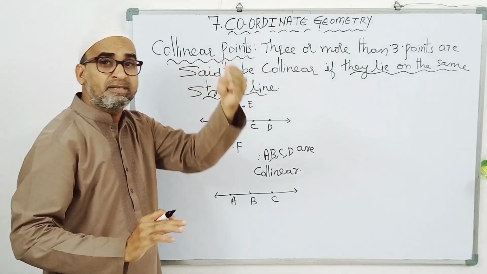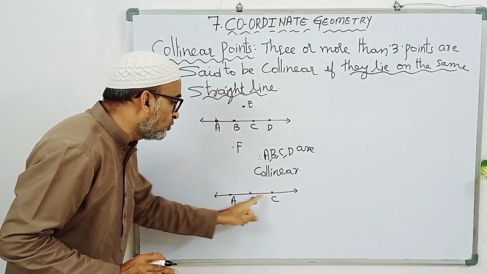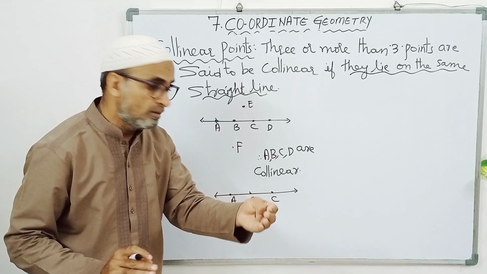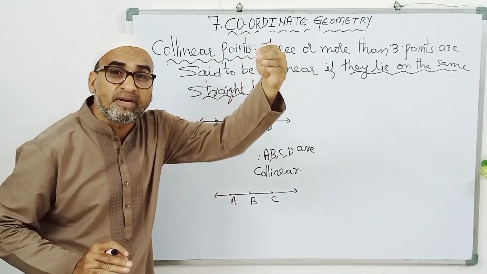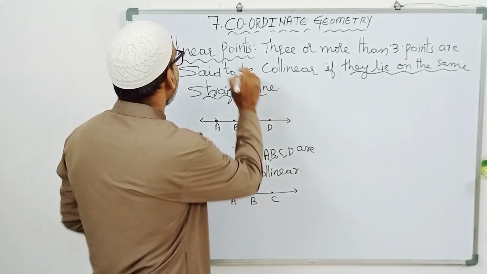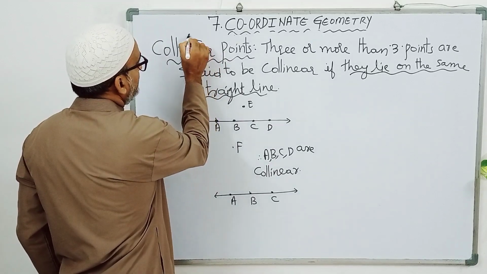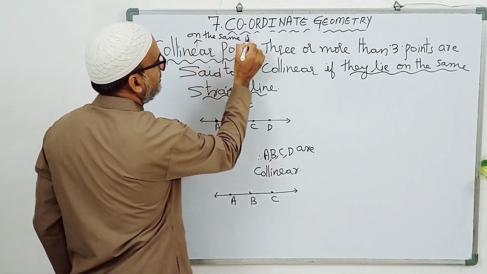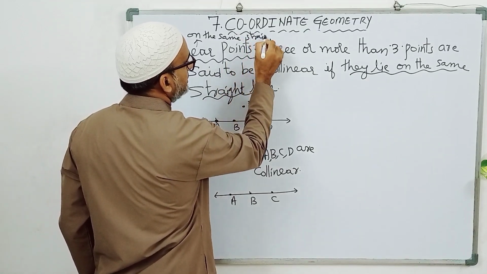But according to maths, they will give 3 points to you and ask whether they are collinear, whether they are on the same straight line.